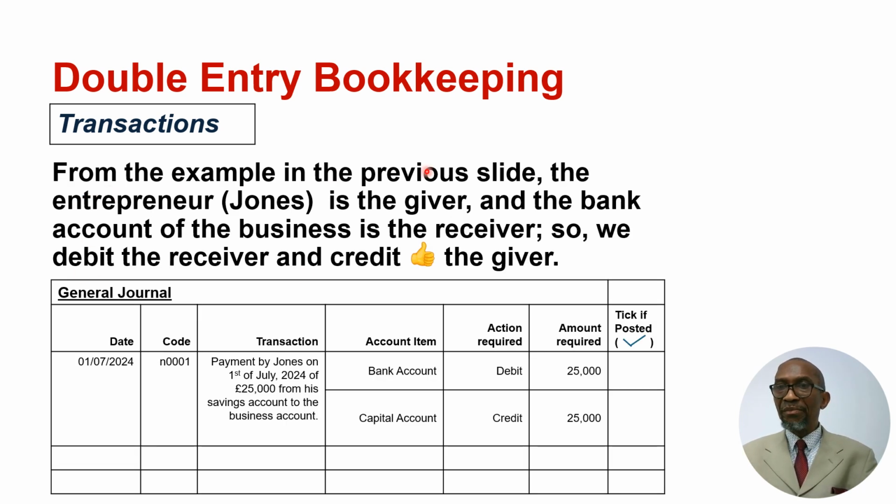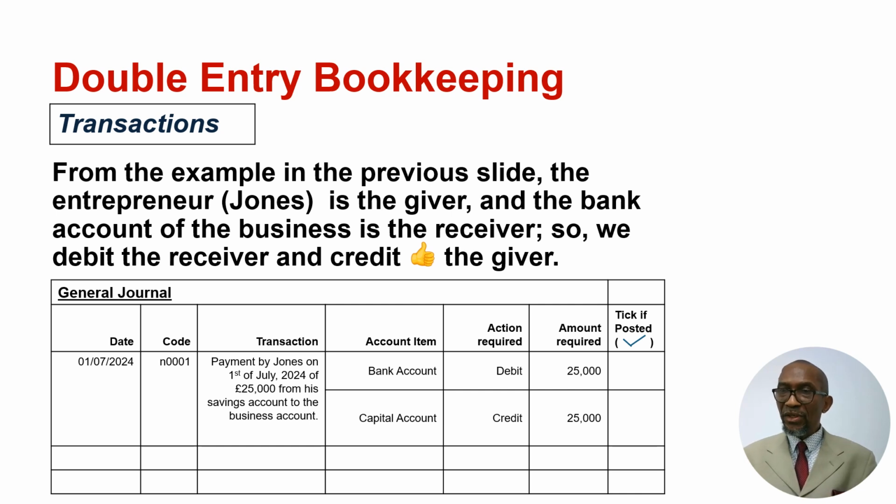From the example in the previous slide, the entrepreneur Jones is the giver, and the bank account of the business is the receiver. So, we debit the receiver and credit the giver. In every transaction, one party is giving and the other party is receiving.